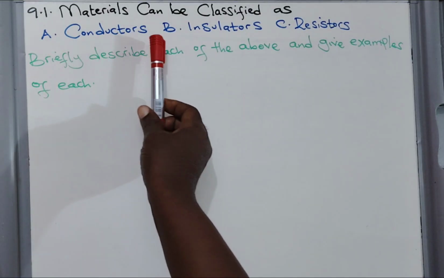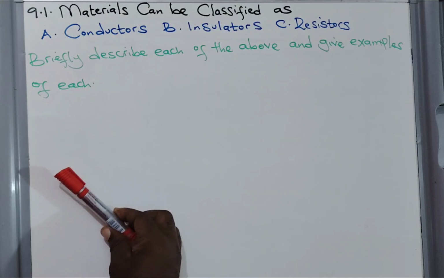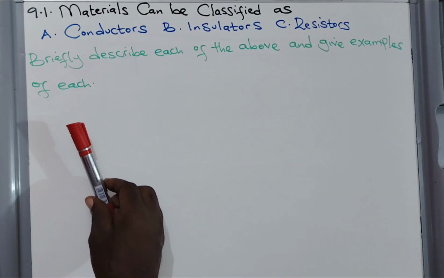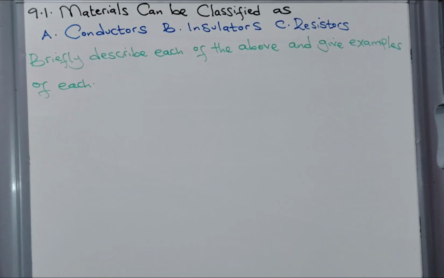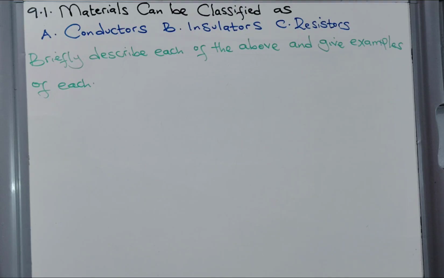We start with conductors. What are conductors? Conductors are materials which allow electric current to pass through them. Examples are copper wire, silver, aluminium. Those are the typical conductors we know.